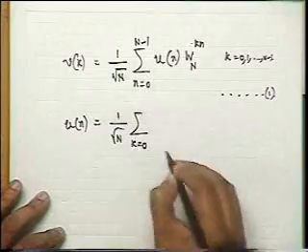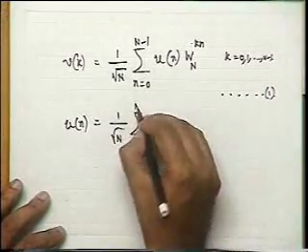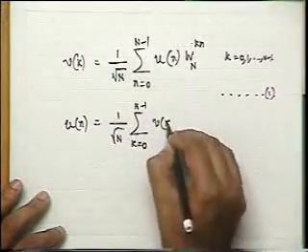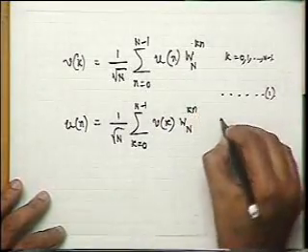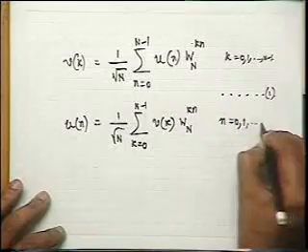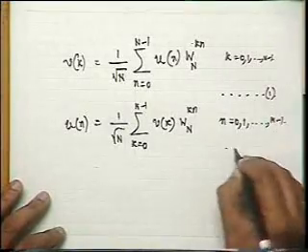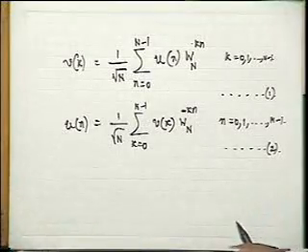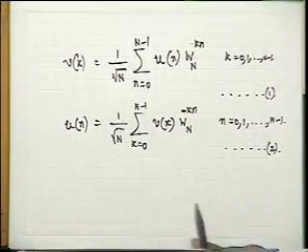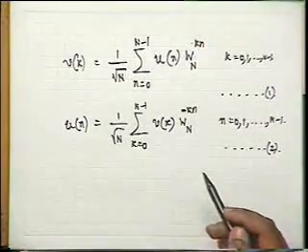But in this case, the summation index is k equal to 0 to capital N minus 1 Vk w to the base n raised to the power kn, n equal to 0, 1, etc., up to n minus 1. This is equation number 2. I made a mistake. This should be w to the base n raised to the power minus kn. All right.